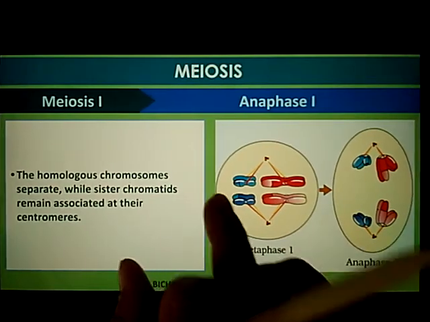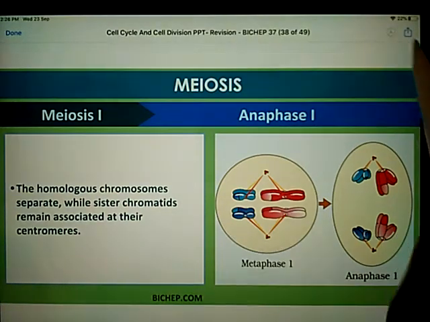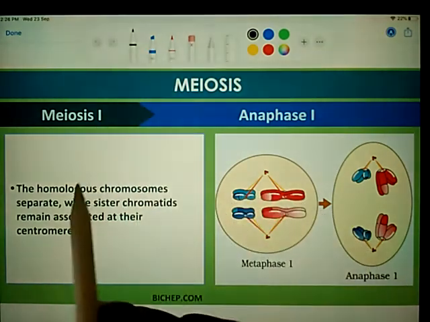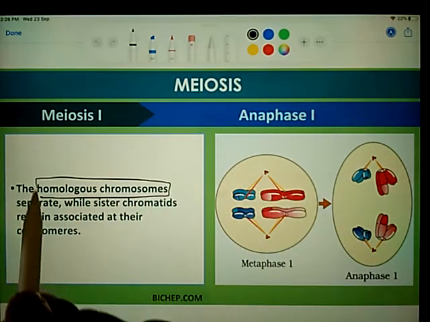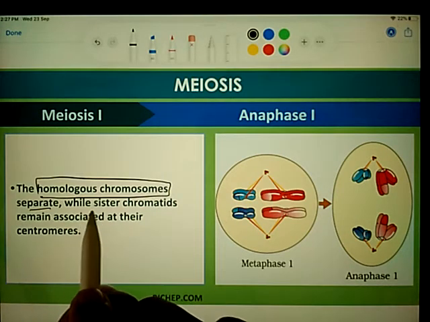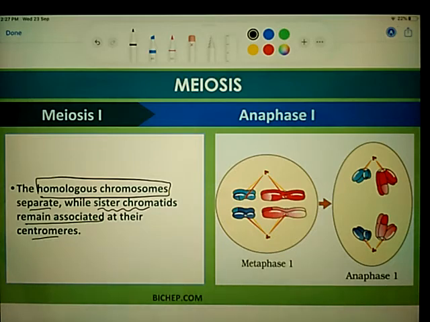So anaphase shows only one event, that the homologous chromosome separates, but two sister chromatids remain associated with each other at the part of the centromere. It is not getting detached.